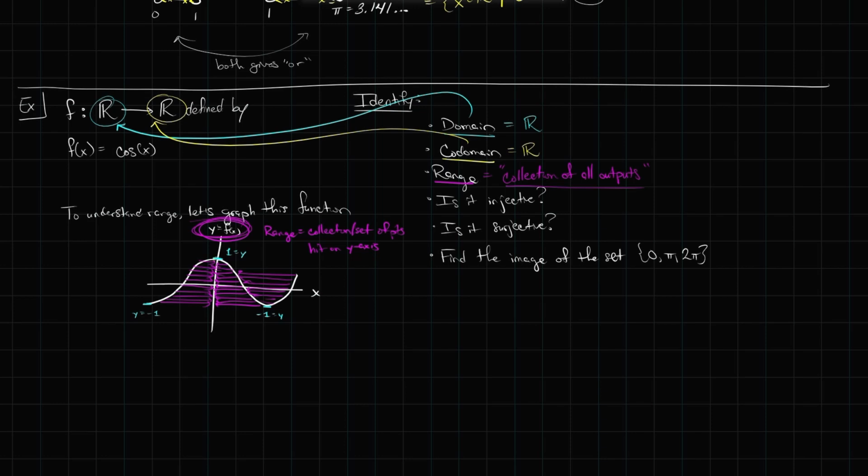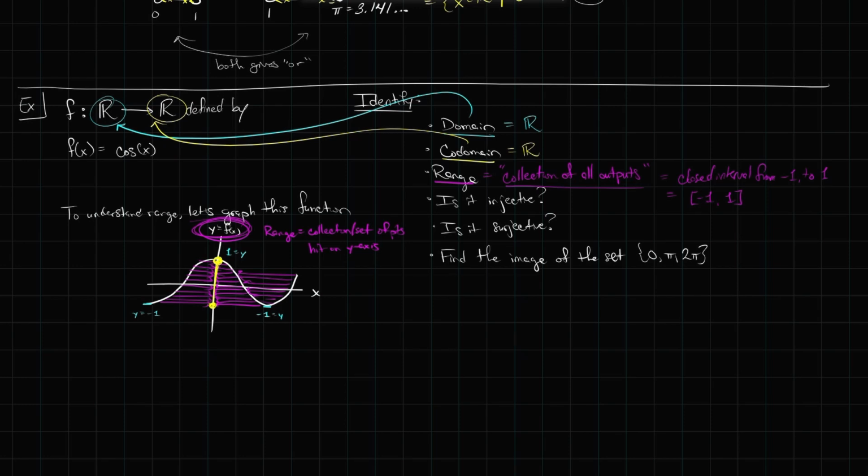Note that because 1 and -1 are both being hit, we're going to have a closed interval, and everything in between the two of those is being hit. So with all that said, the range here is the closed interval from -1 to 1, also known as the set [-1, 1]. You can use set builder notation if you want for that as well. But that's going to be the range here.